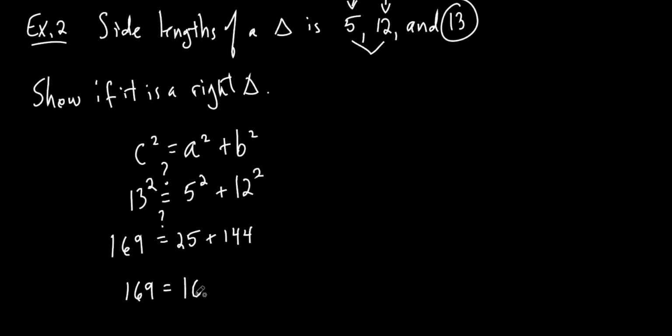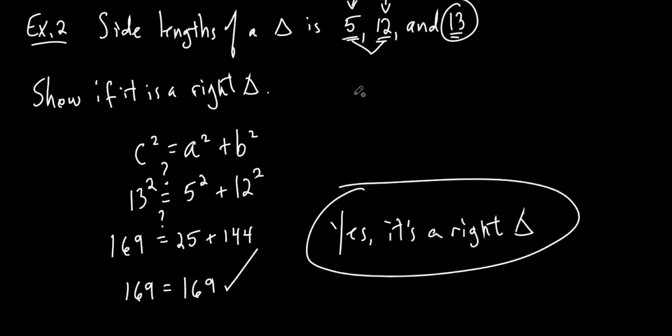That's 169. So, is 169, easiest question all day, is 169 equal to 169? Yes, it is. Of course it is. So, guess what kind of a triangle has side lengths 5, 12, and 13? A right triangle. So, your answer is yes. It's a right triangle.